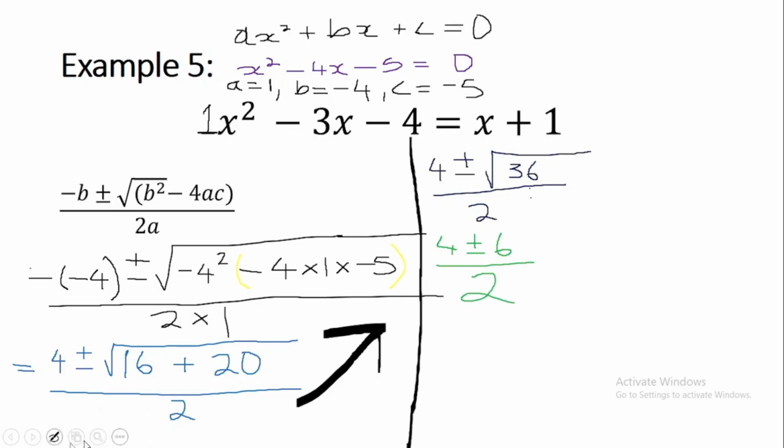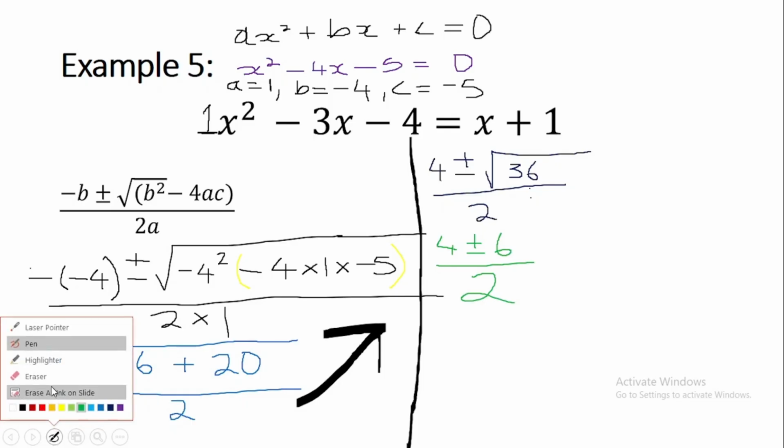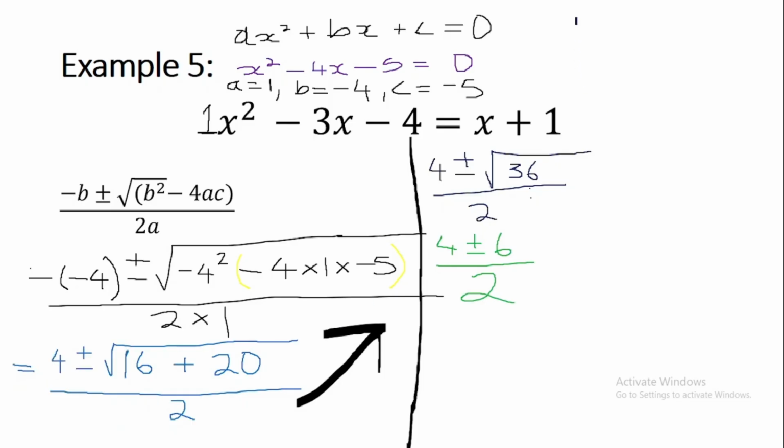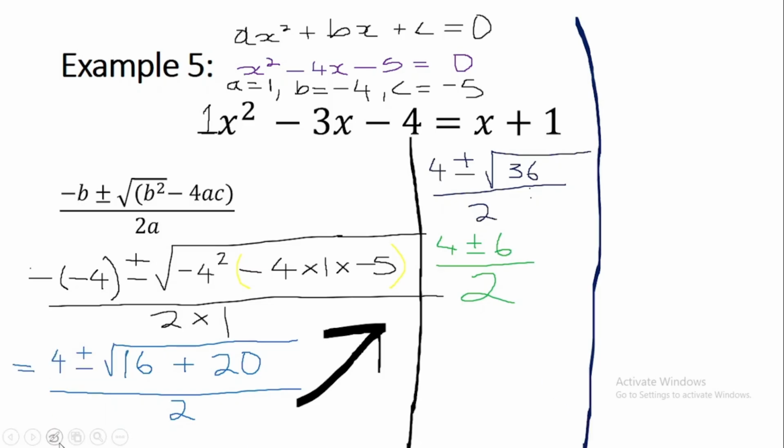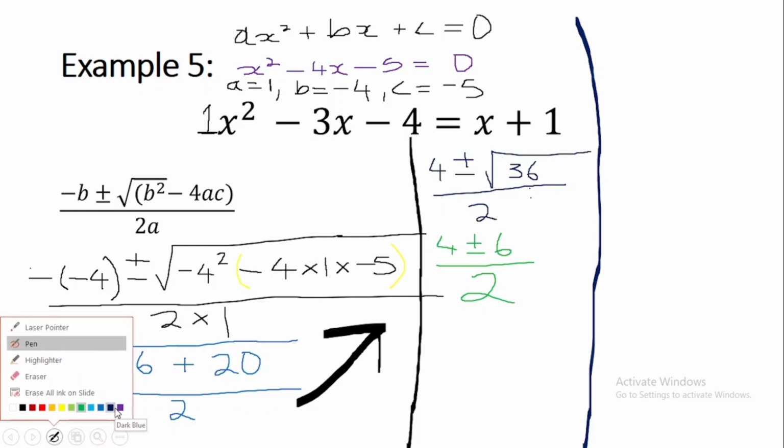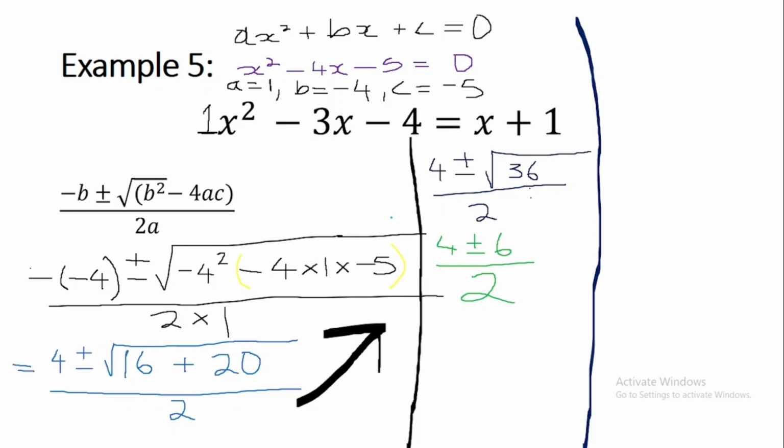So now that we have reached this point, we're going to separate our whiteboard again so we can find the 2 possibilities of x. So here we go. x now is going to be equal to, and this is where the plus or minus sign comes into play. We're going to use the plus first.